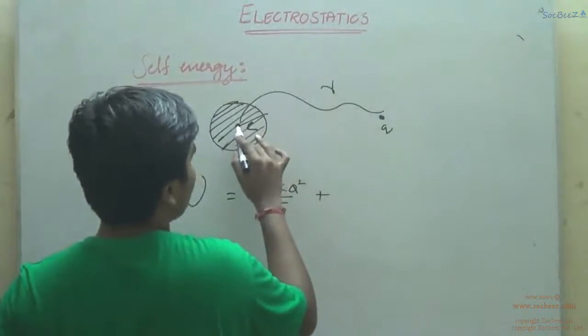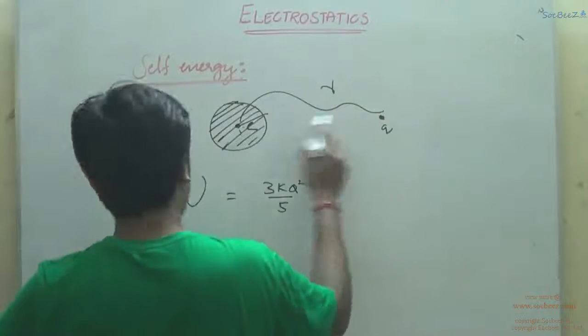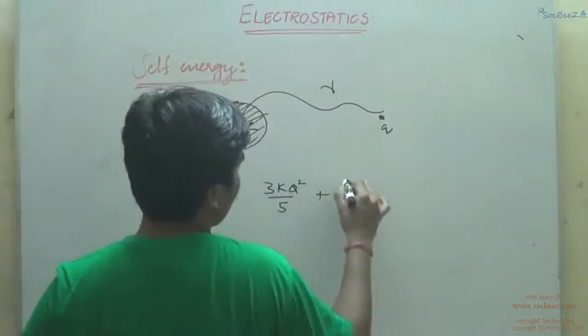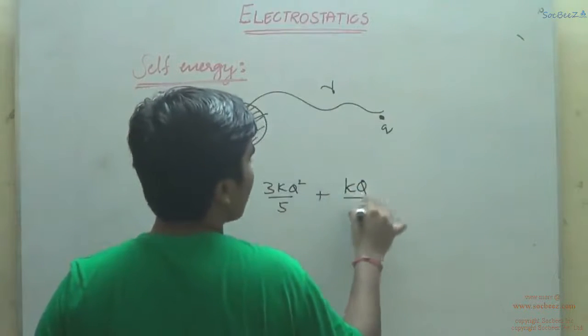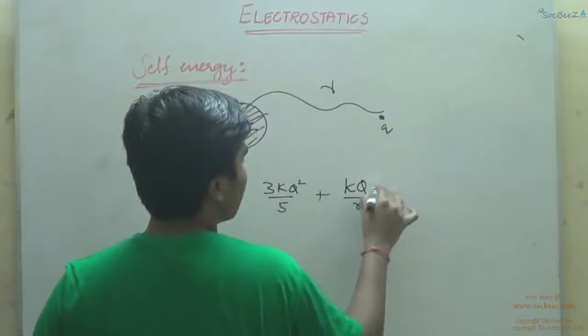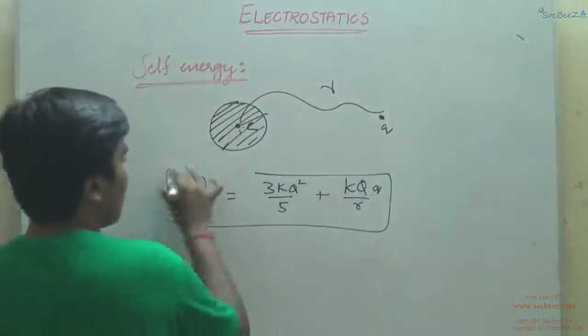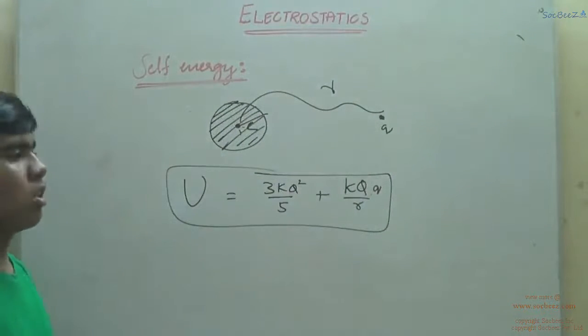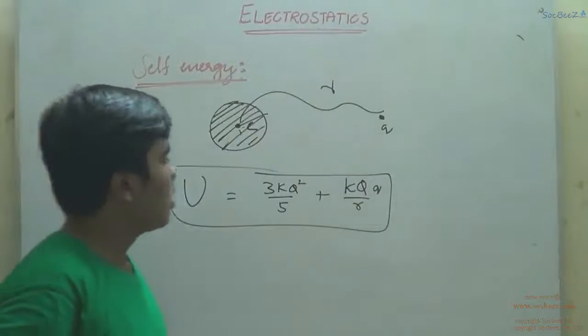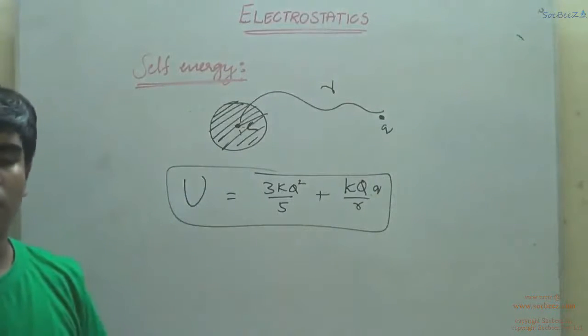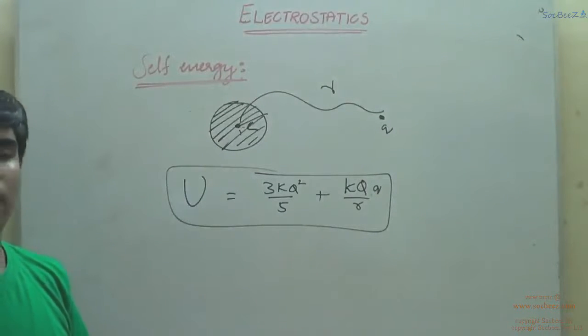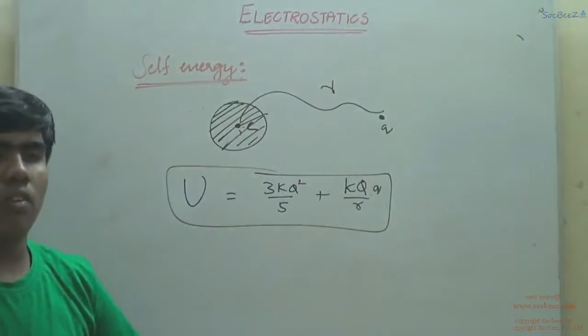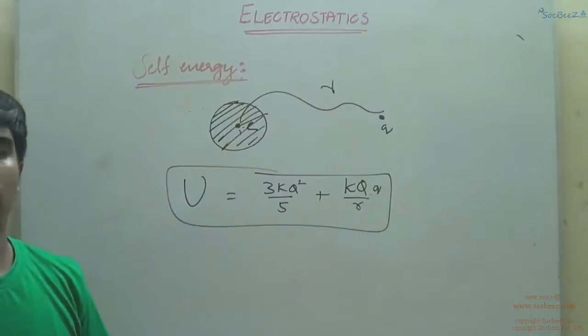Now how do we find the interaction energy? The potential at this point due to this whole charged body is kQ by small r times the charge present here. So this is the net potential energy. Hope this is clear. This we can use in solving questions which involve the work energy theorem as their base, etc.